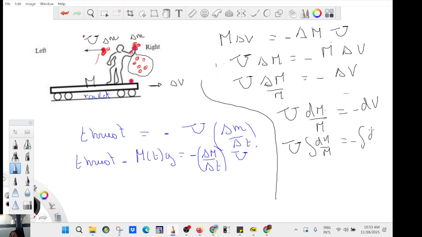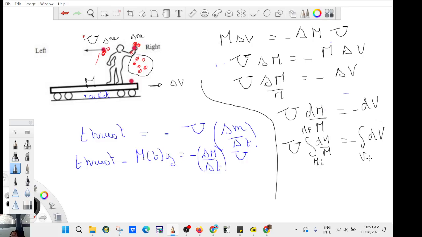Exactly. So here I have ln. So I go from mass initial to mass final because as you are losing tennis balls, the mass of the rocket or the platform here is going to decrease. You go from an initial mass to a final mass.